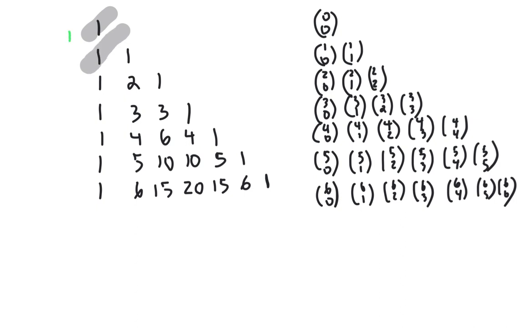And then here we also get 1. Maybe write this in green, 1. And then let's do the next diagonal. We get 2. Let's do the next diagonal. We get 3. Let's do the next diagonal. We get 5. Let's do the next diagonal.